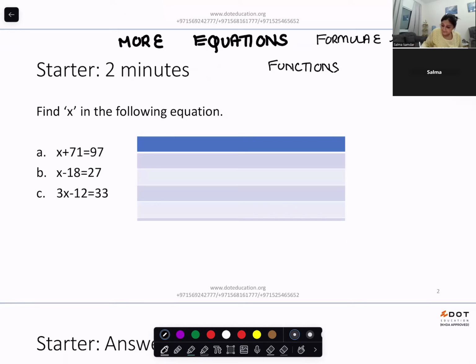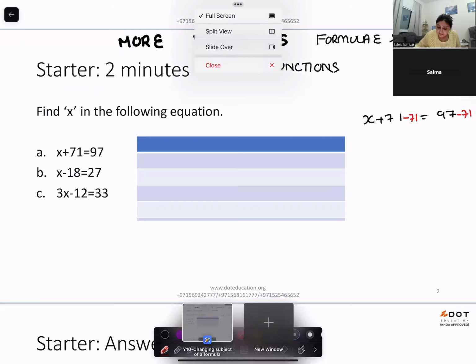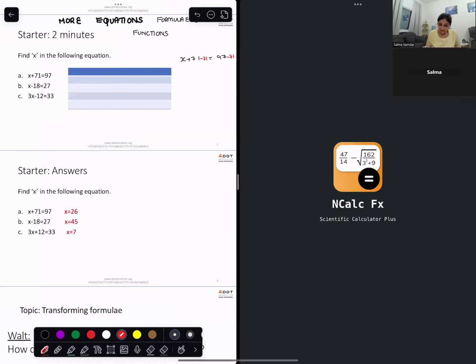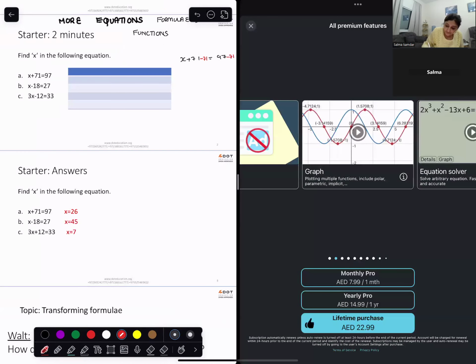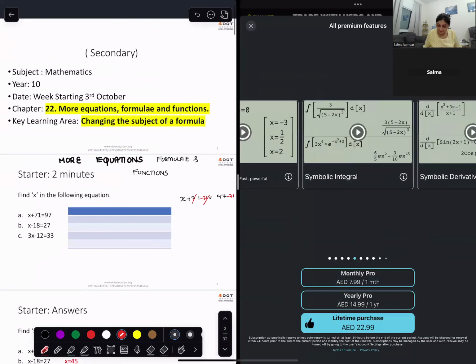The first one, when I say x plus 71 is equal to 97, if I want to find the value of x, I will minus 71 from both the sides. You have to do it on the calculator. So let's do this on the calculator. If you're minusing 71 from both the sides, this 71 and 71 would go away.